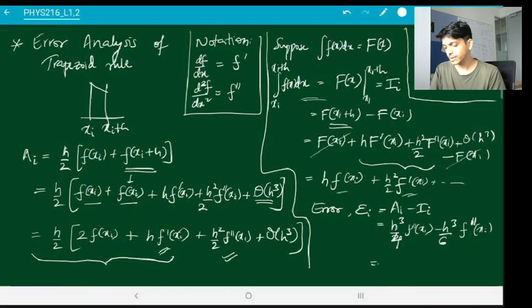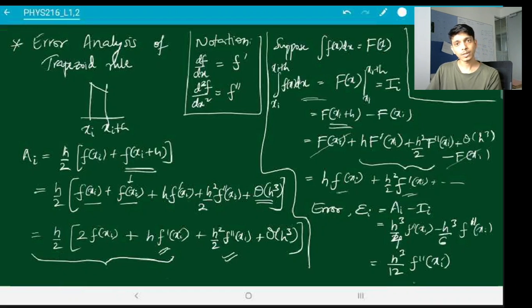So 1/4 minus 1/6, that is 15 minus 10 is 5, so 1/12. So h cube by 12 f prime at xi. So this is the error in each bin.